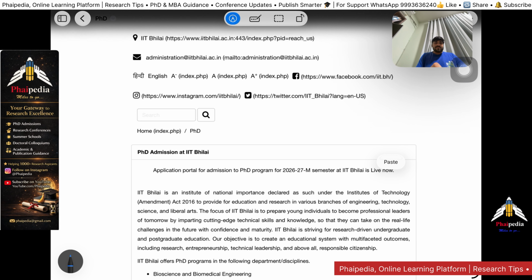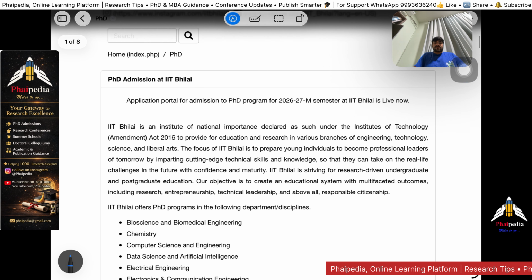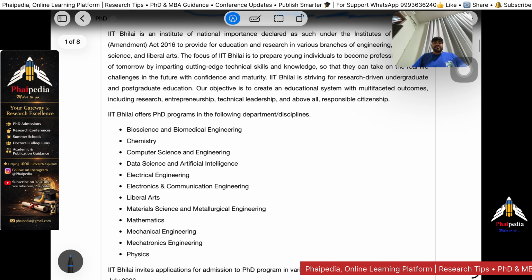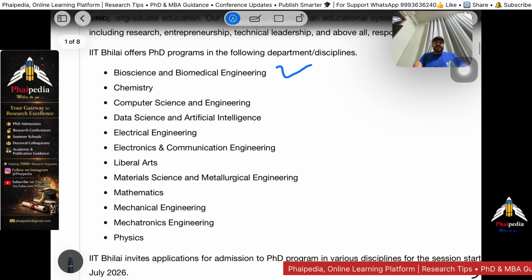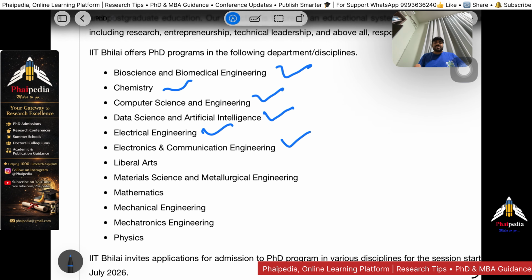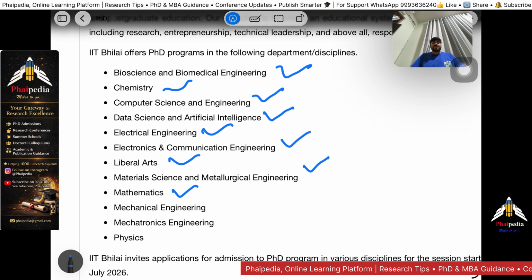Here you can see that the application portal for the PhD admission for the 2026-27 semester at IIT Bhilai is live now, and the disciplines in which IIT Bhilai is offering the PhD program are bioscience and biomedical engineering, chemistry, computer science and engineering, data science and artificial intelligence, electrical engineering, electronics and communication engineering, liberal arts, material science and metallurgical engineering, mathematics, mechanical engineering, mechatronics engineering and physics. So these are the disciplines in which you can apply for the PhD program at IIT Bhilai.